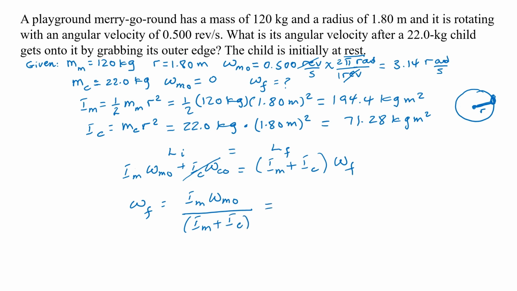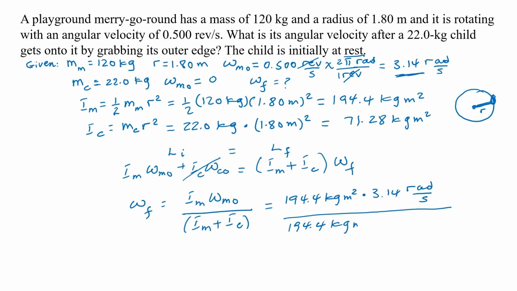Plug in the numbers. 194.4 kilogram meter squared multiplied by the velocity, which was converted to radian per second, and that's equal to 3.14 radian per second, divided by the sum of the moment of inertias, 194.4 kilogram meter squared, plus the moment of inertia of the child, which was calculated to be 71.28 kilogram meter squared.